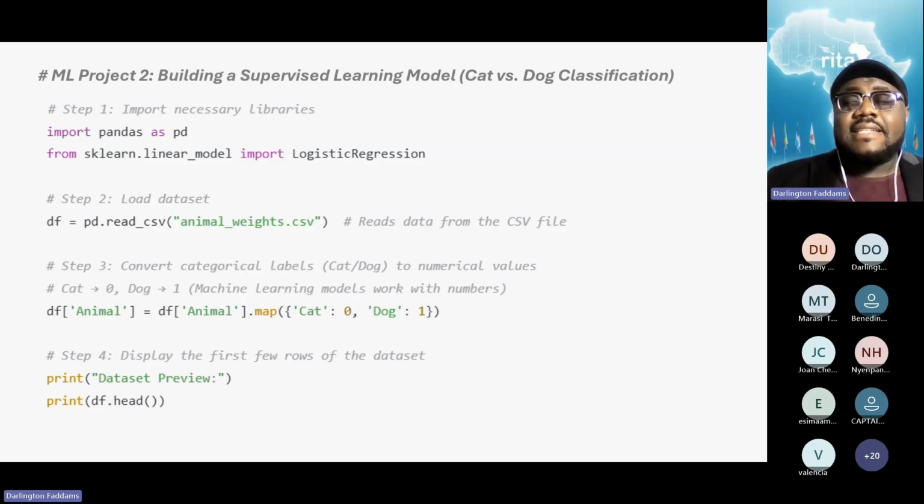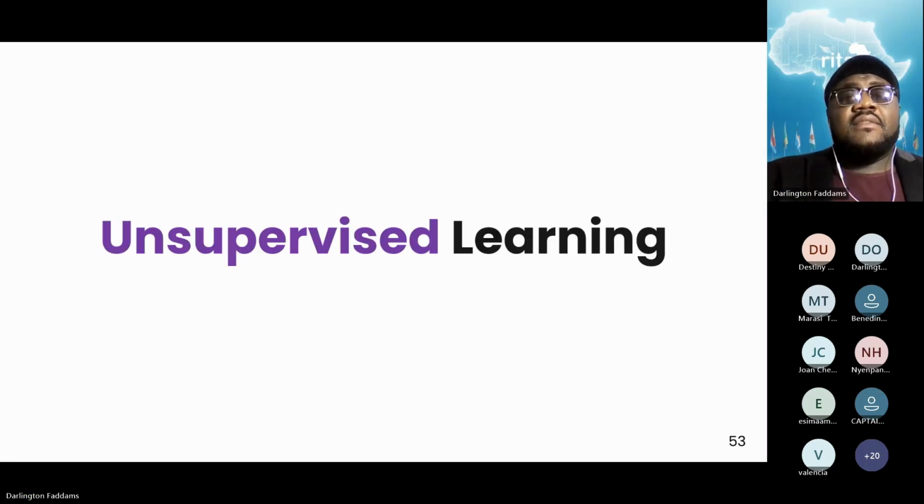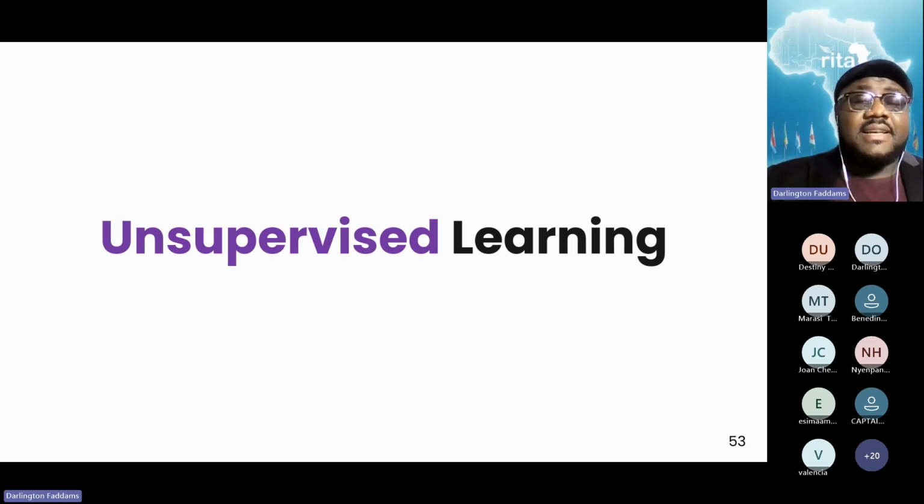So the task is a classification task. And we are going to import a particular algorithm for that. So let's skip this for now. We'll get back to it. Right now, let's jump into unsupervised learning. And we'll come back to supervised learning and build a model if there's time.